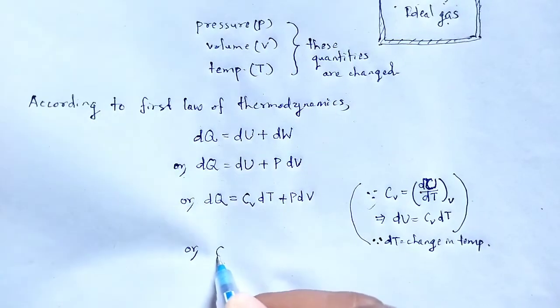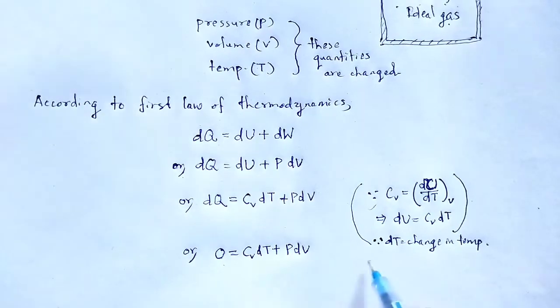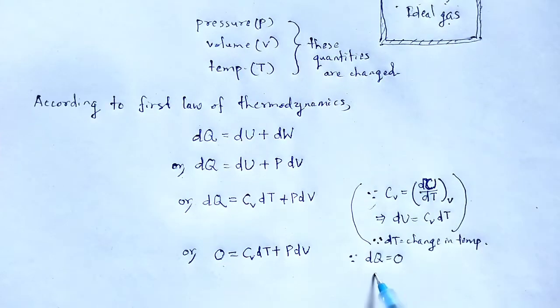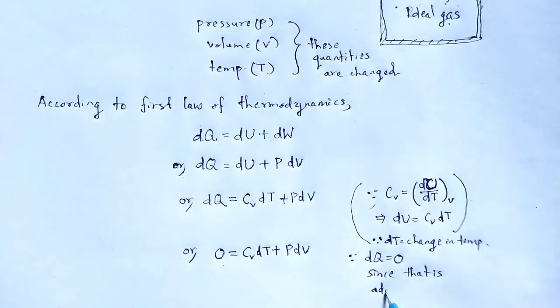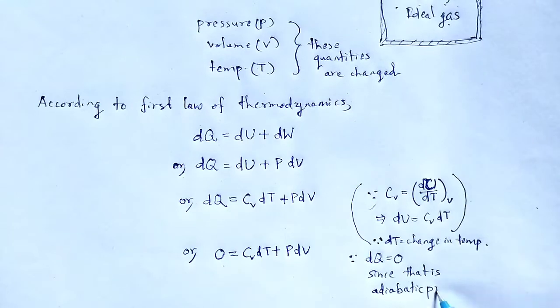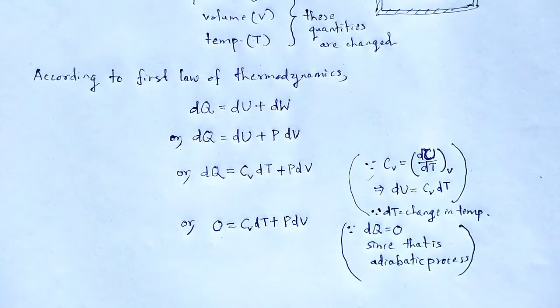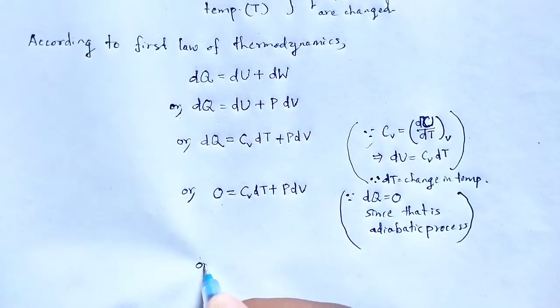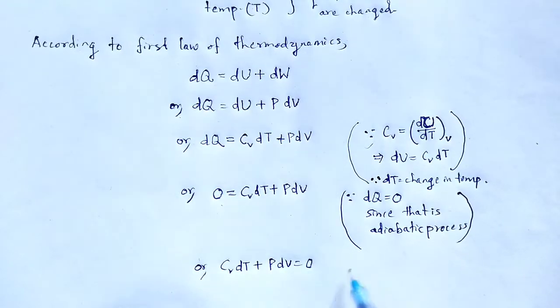So dq, the change of heat, will be 0, and the equation becomes Cv dt plus pdv is equal to 0. Write it: Cv dt plus pdv is equal to 0. Let me refer to it as equation number 1.